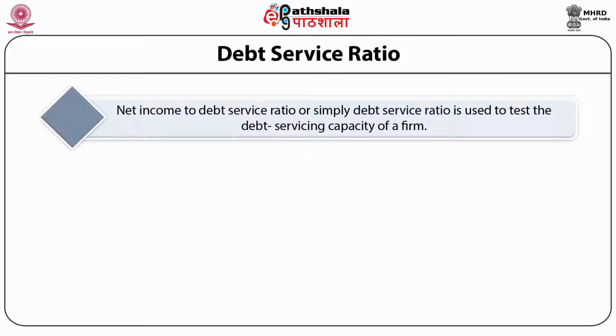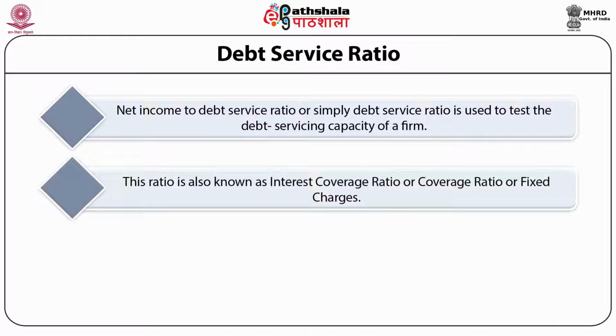Next ratio is debt service ratio. Net income to debt service ratio, or simply debt service ratio, is used to test the debt serving capacity of a firm. This ratio is also known as interest coverage ratio or coverage ratio of fixed charges.